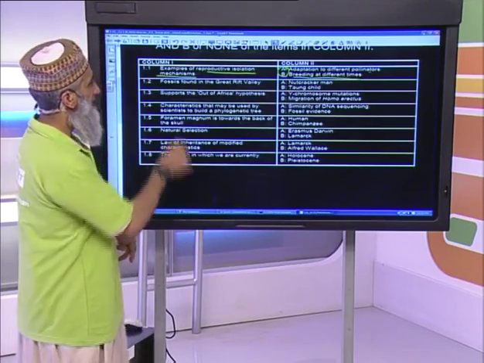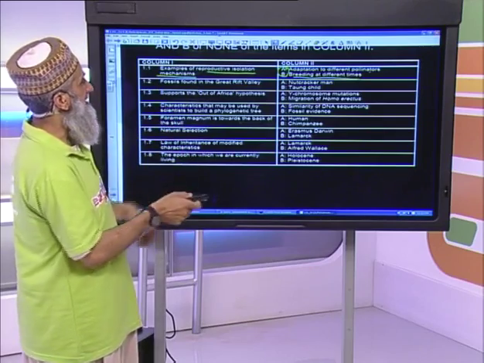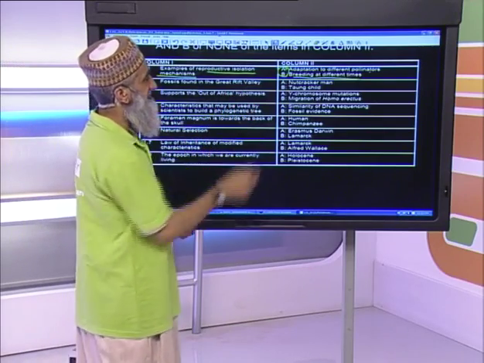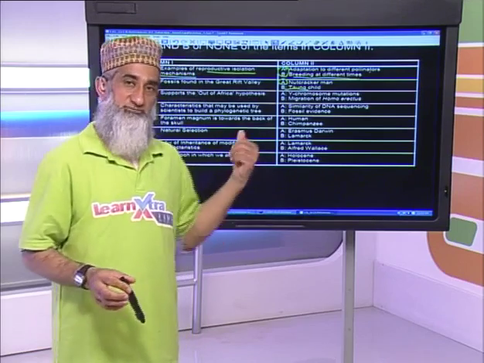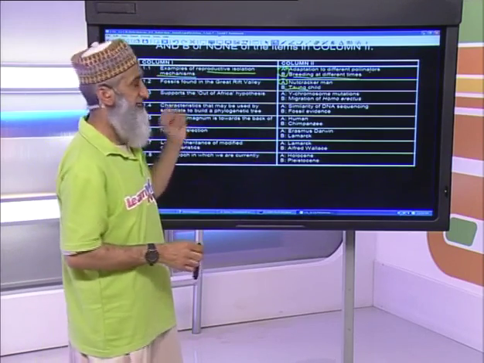Fossils found in the Great Rift Valley. And that one there would only be A. If you are wise enough, then you'd know that Taung Child, and you are from South Africa, you'd know that Taung is in South Africa and it's not in the Rift Valley.